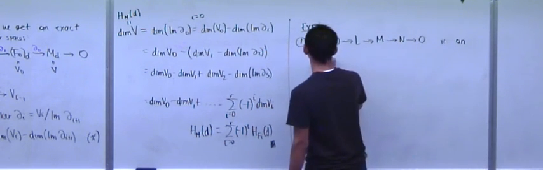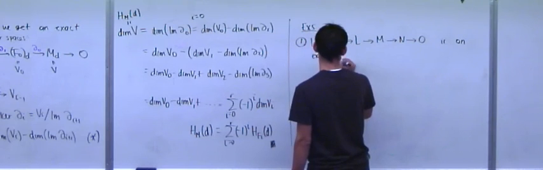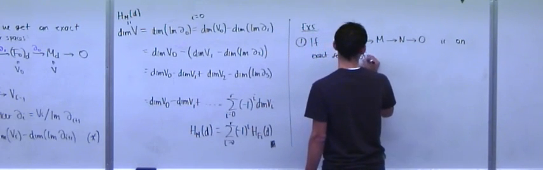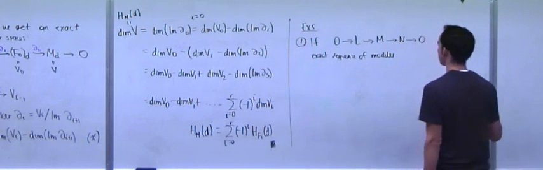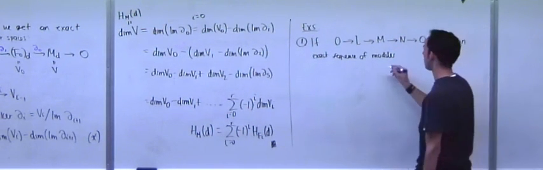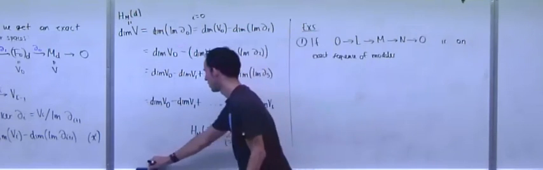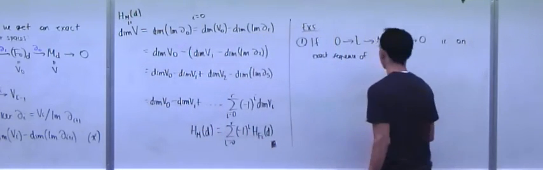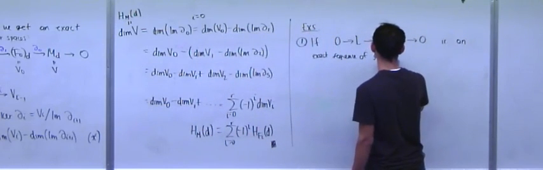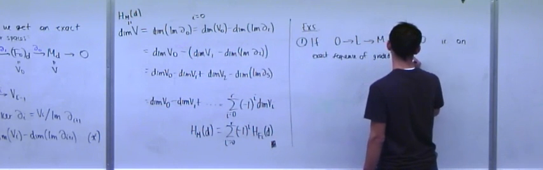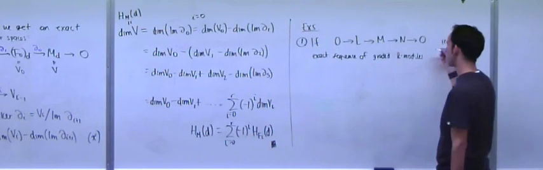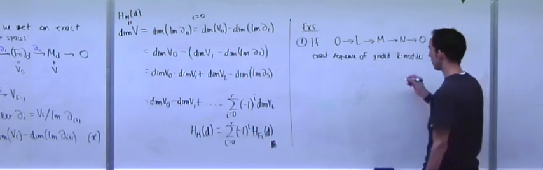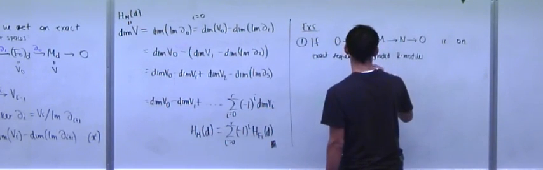It's an exact sequence of R modules, of graded R modules. And the maps are degree preserving.